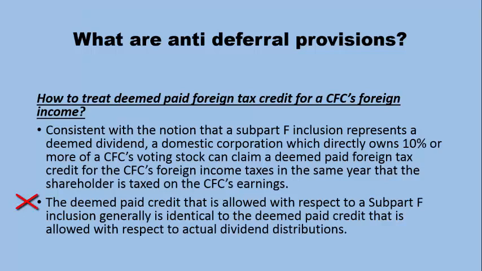The deemed paid credit that is allowed with respect to a Subpart F inclusion generally is identical to the deemed paid credit that is allowed with respect to an actual dividend distribution.